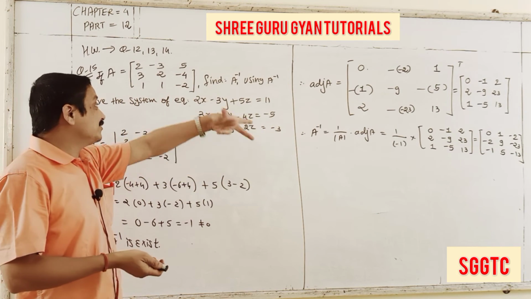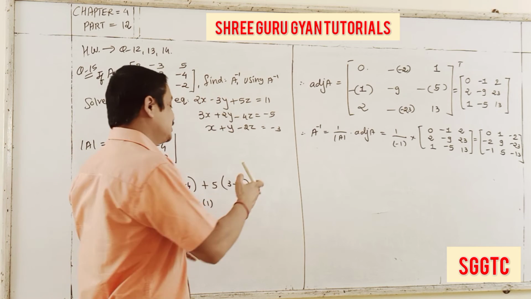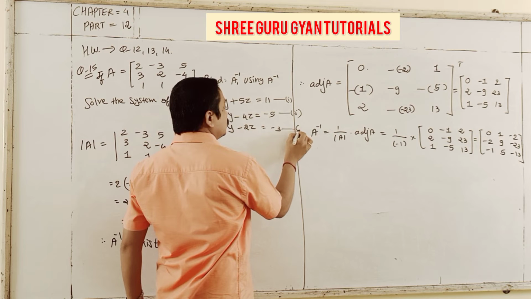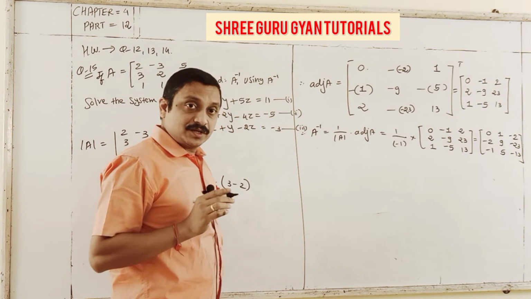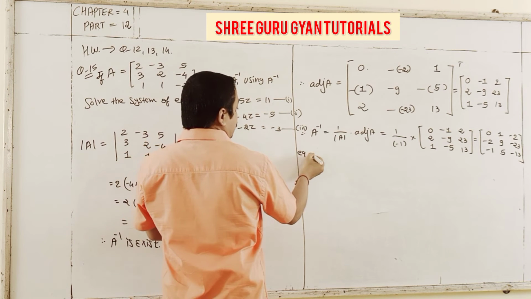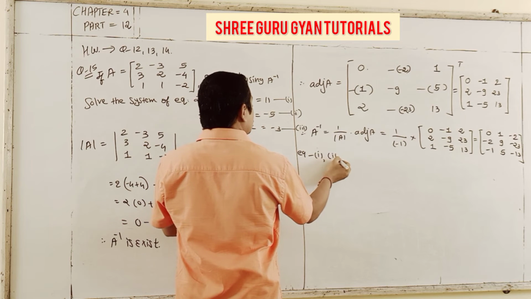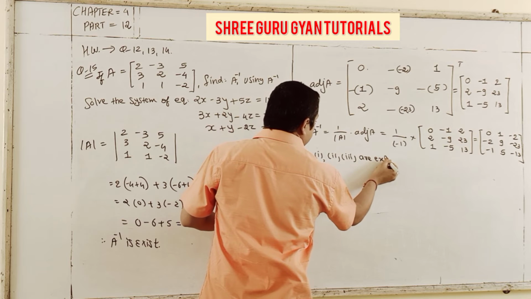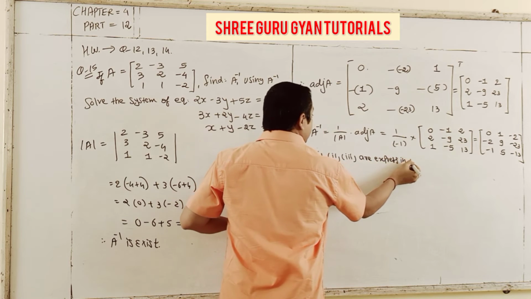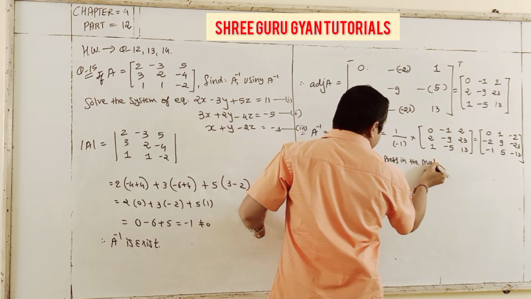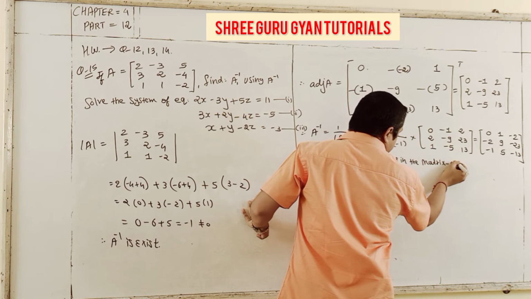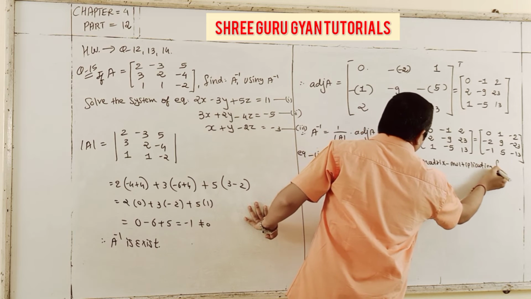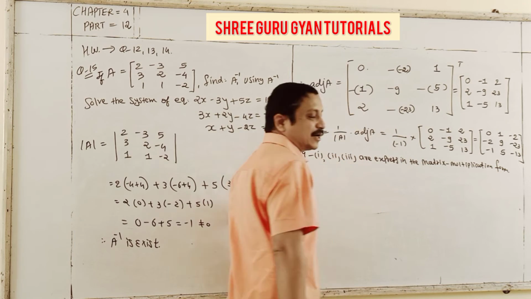Now using these equations I will show my solutions. So equation 1, equation 2 and equation 3 are expressed in matrix multiplication form.